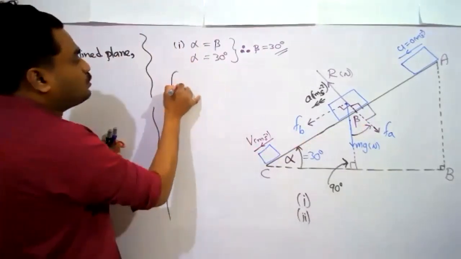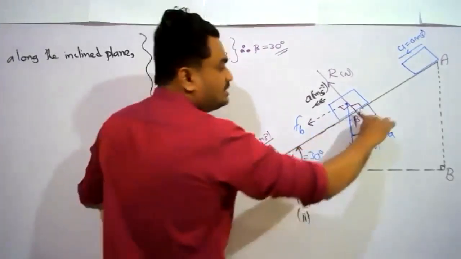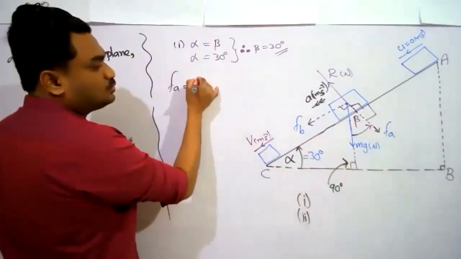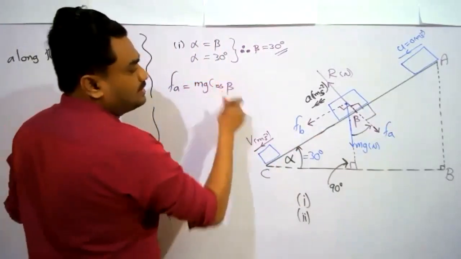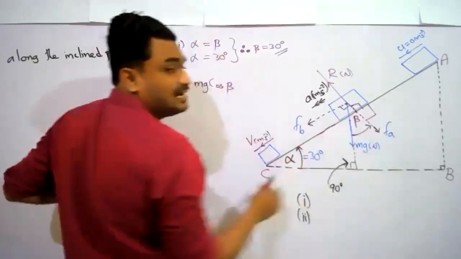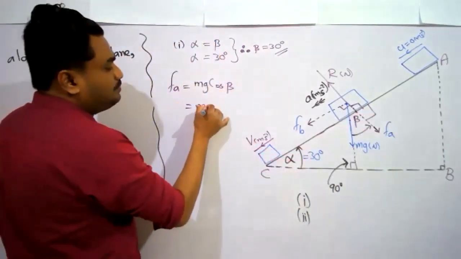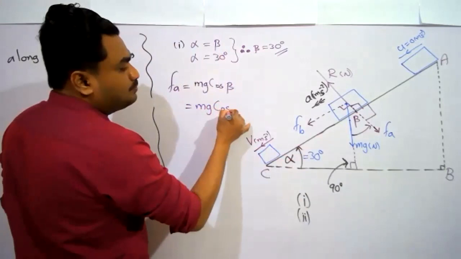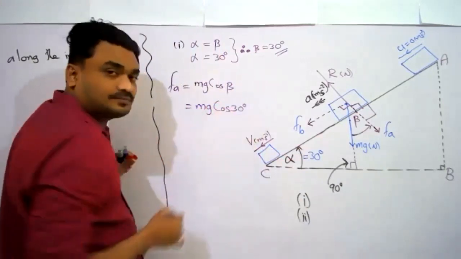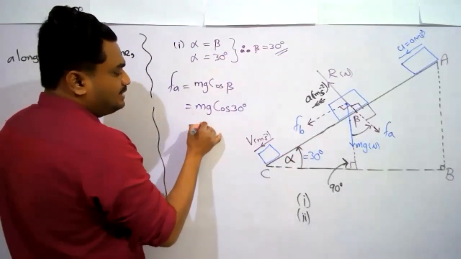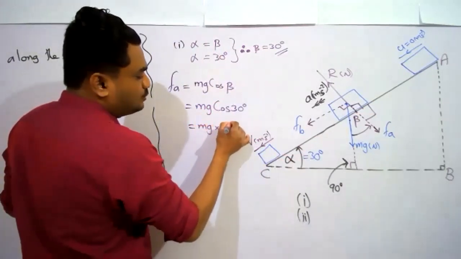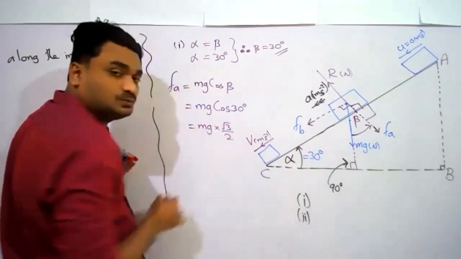Then the force component towards the angle is mg cos beta, with beta being 30. If you want, you can write mg cos 30, where cos 30 is root 3 over 2.